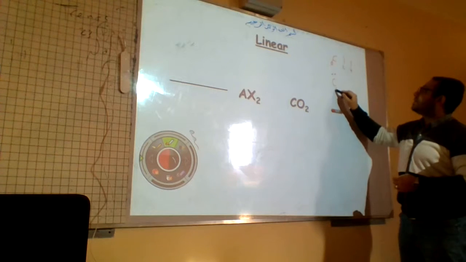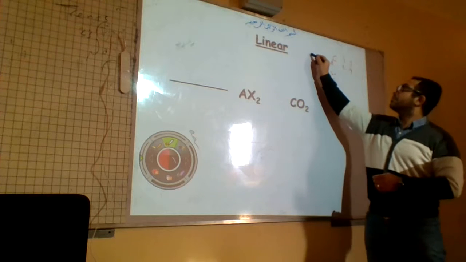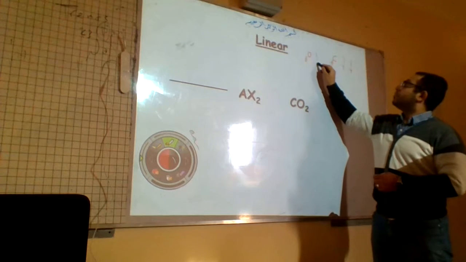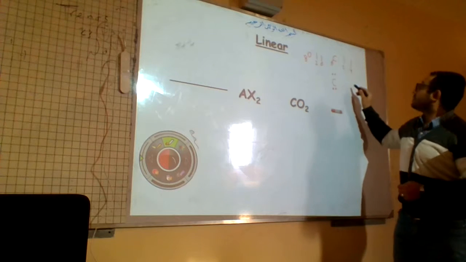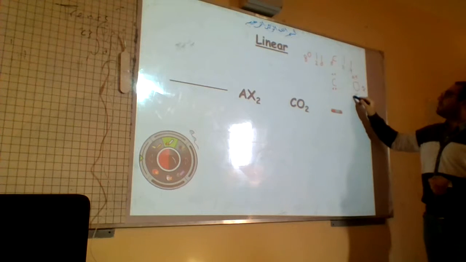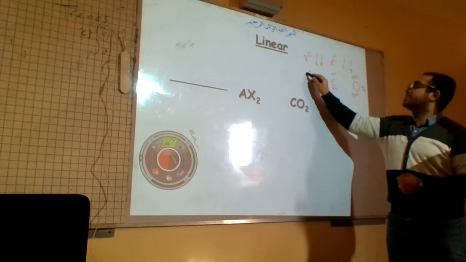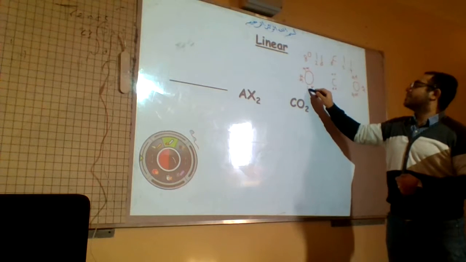Oxygen has atomic number 8, so 2 and 6: it contains 6 electrons in the outer shell, one atom on each side.